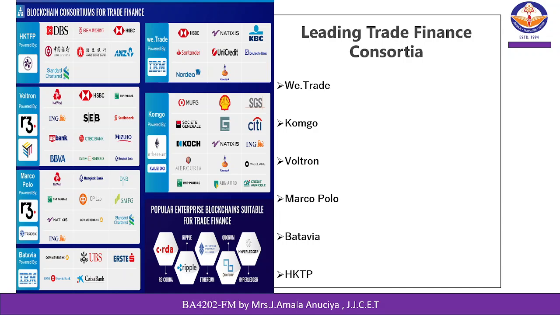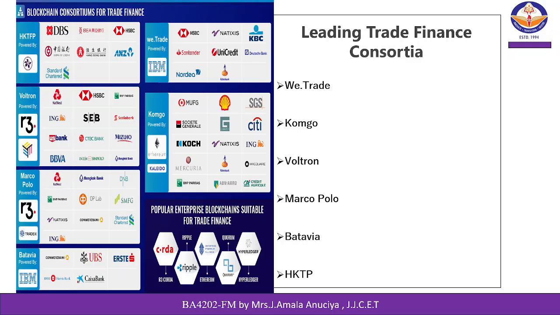They solve data exchange and misuse problems, and this is a decentralized blockchain platform. Next one, Voltron. Voltron is powered by R3 Corda. The key members are HSBC, CTBC Bank, NatWest, and others.